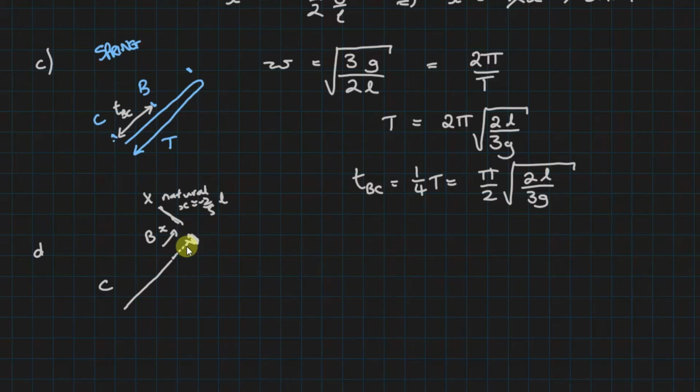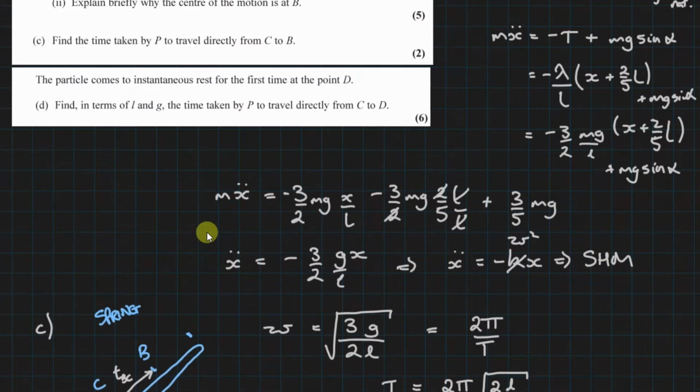All of that needs to be dealt with under the SHM string mode. So up to there, we are using simple harmonic motion. After that, it continues moving up to get to our point, did they say D?